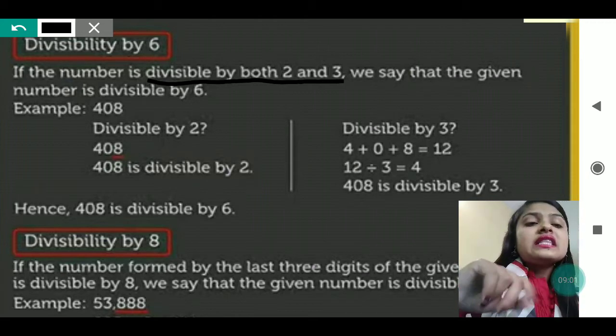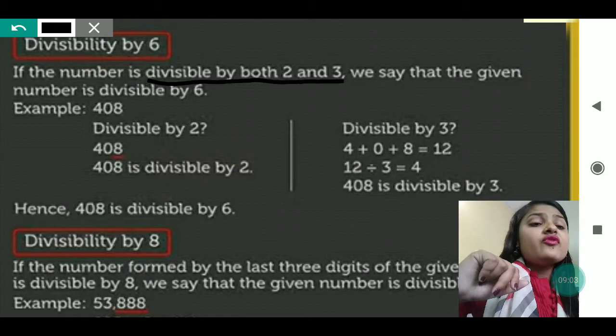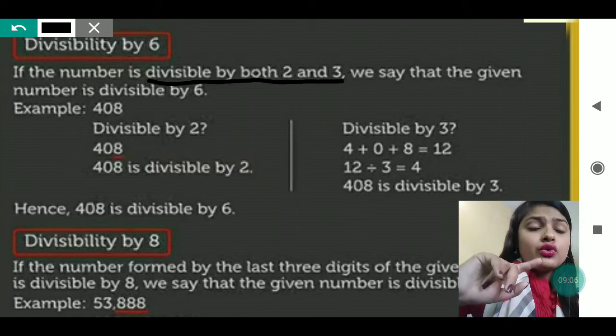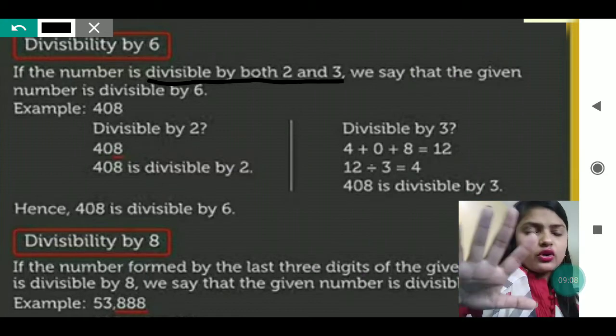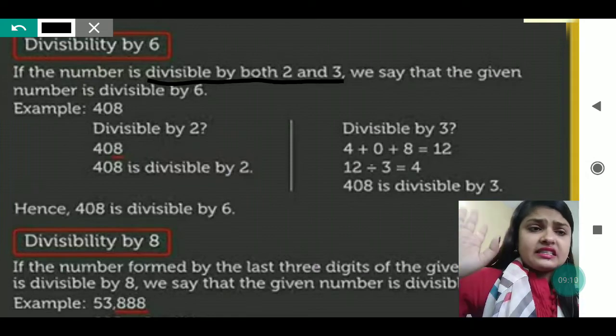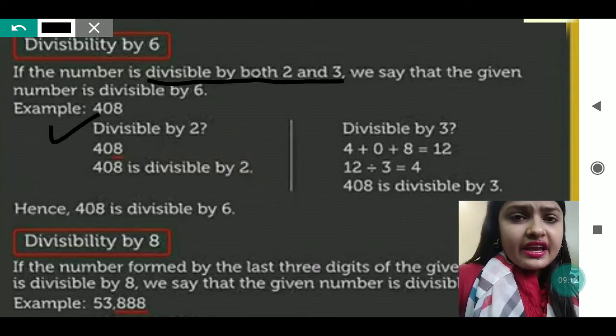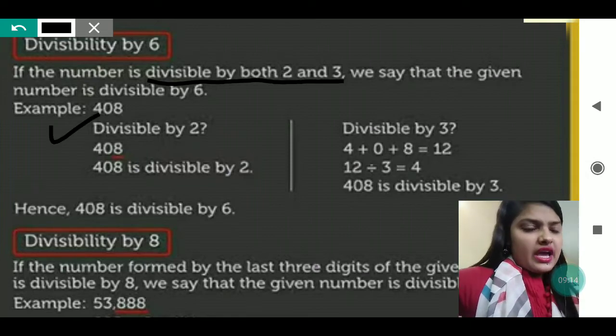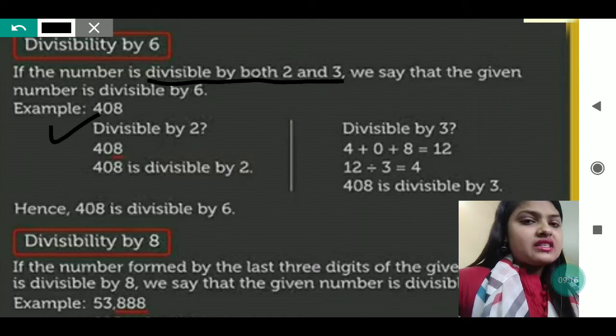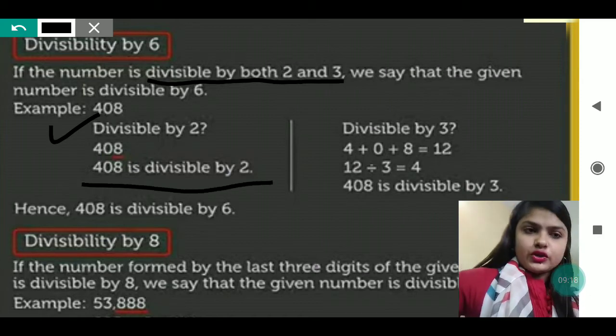So how can we see that the number is divisible by 2? If in the last place 8, 2, 4, 6 or 0, any one is there, then it is divisible. One example I have taken, that is 408. In the last place 8 is there, so it means that number is completely divisible by 2.